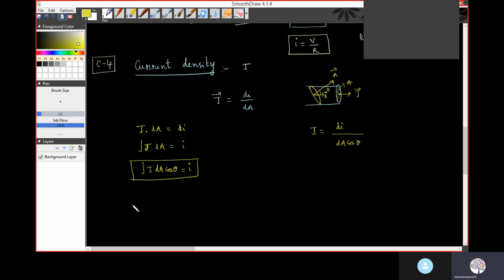Now current density is a vector quantity, and its unit is ampere per meter square.